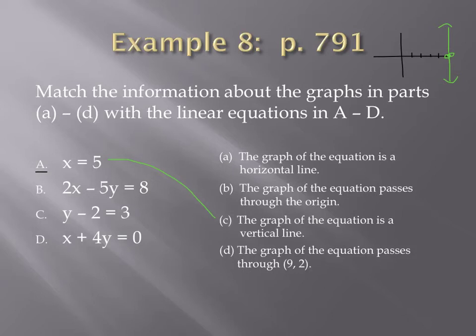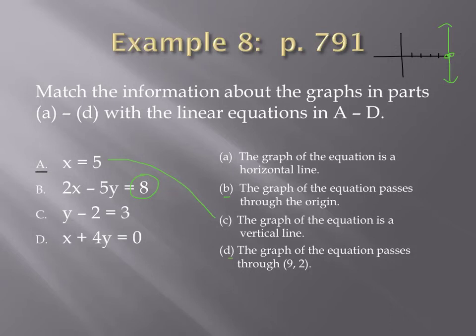Then B, 2x minus 5y equals 8. Well, I know that's not a horizontal line because I have an x and a y, so it's going to slant somewhere. So let's look at B and D. It's not going to pass through the origin because this is not equal to 0.